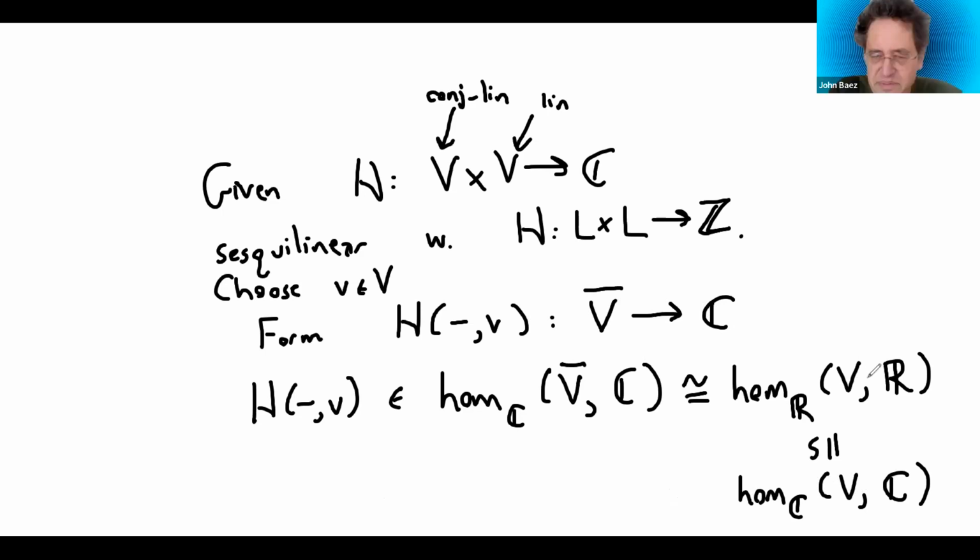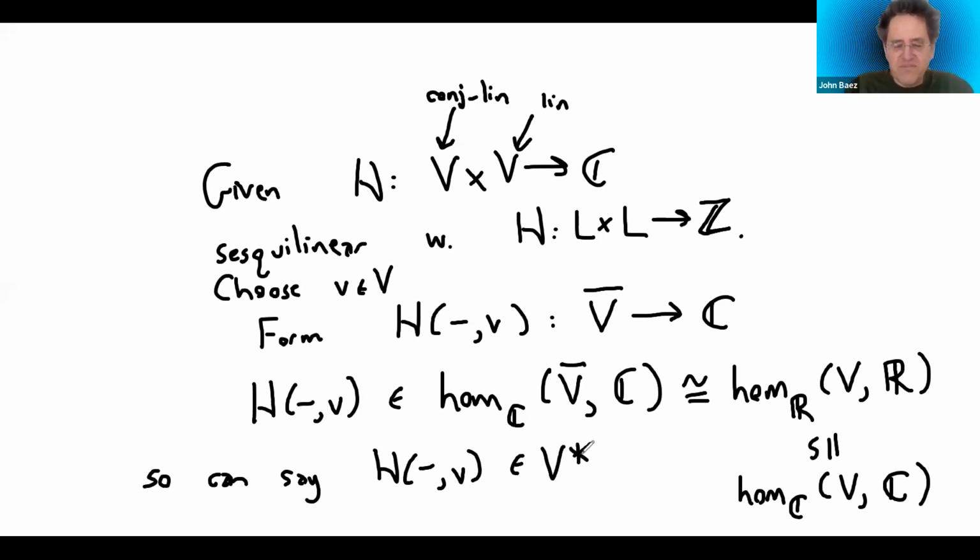We can do a bunch of things, but either of these two things was what I've been calling V dual, the dual vector space. So using these identifications, we can say that this thing is in V dual. Even though it started out as a conjugate linear map from V to C, we could think of it as a linear map from V to C. So this was freaking me out for a while.